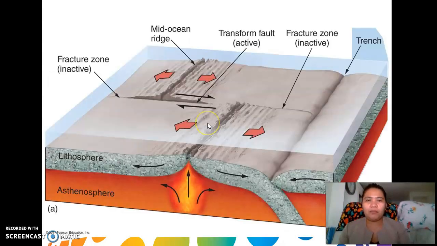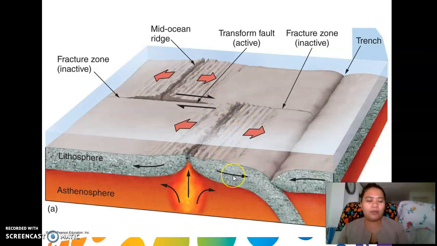Because as you can see from this figure, if this is your trench, there will be a production of magma on the other side, parallel to the formed trench. So in here, there will be a series of volcanoes formed on the area.